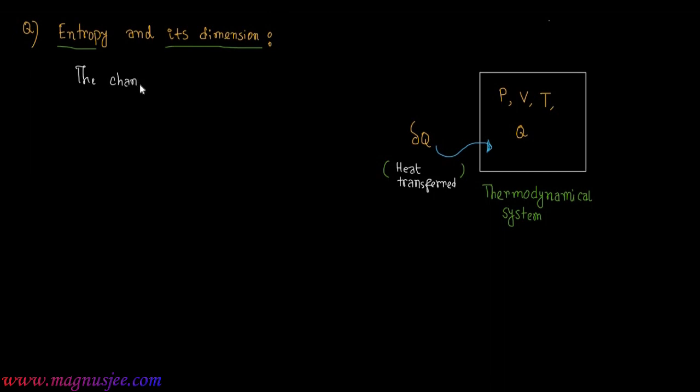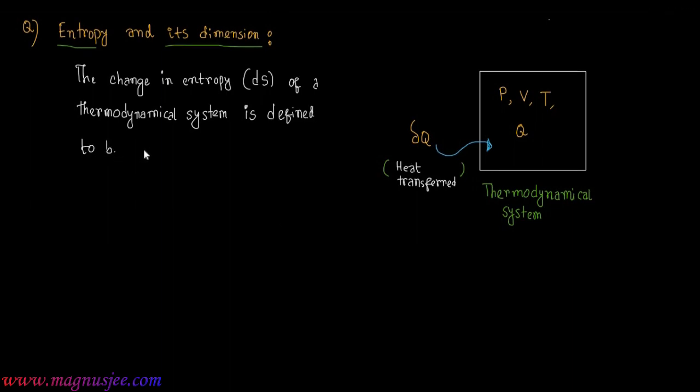The change in entropy, dS, of a thermodynamical system is defined as the ratio of change in heat energy to the absolute temperature of the thermodynamical system.